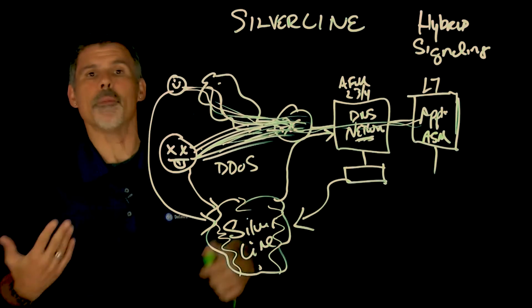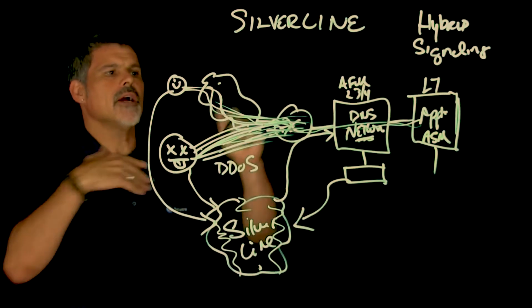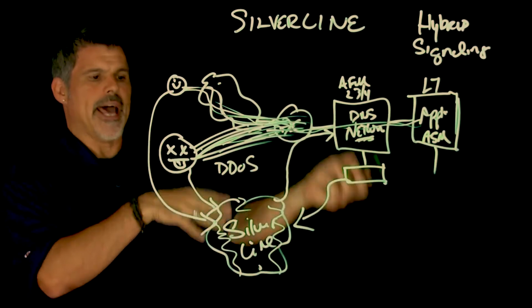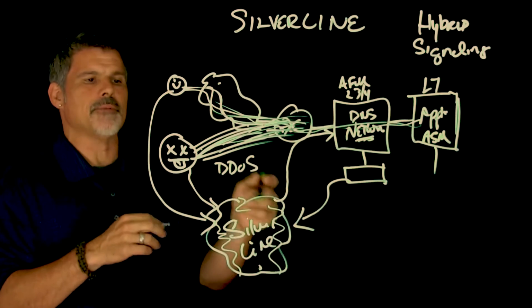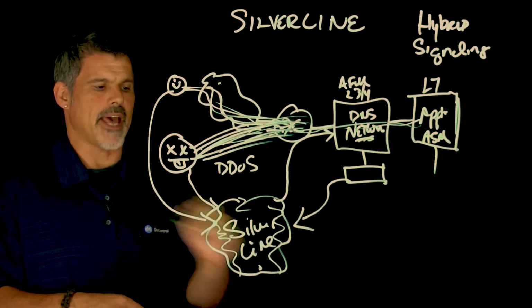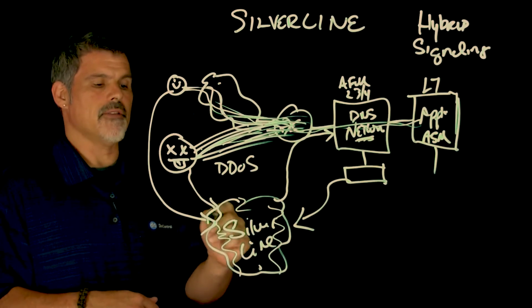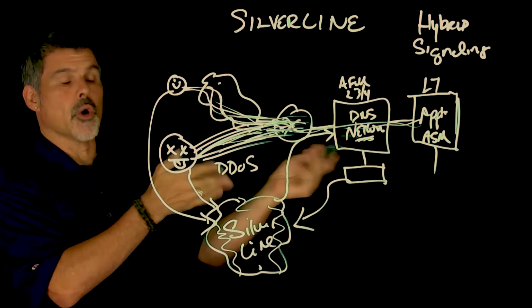And now this is pretty cool because you have a hybrid solution where, for instance, if you get overloaded, it breaks a threshold, and then our security operations team can do a DNS redirect. So then Silverline starts taking the traffic, scrubbing it and sending the clean stuff to your data center.